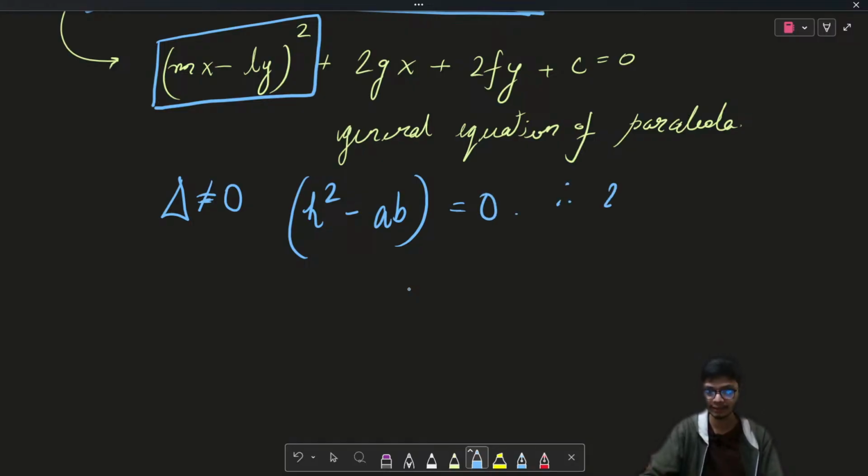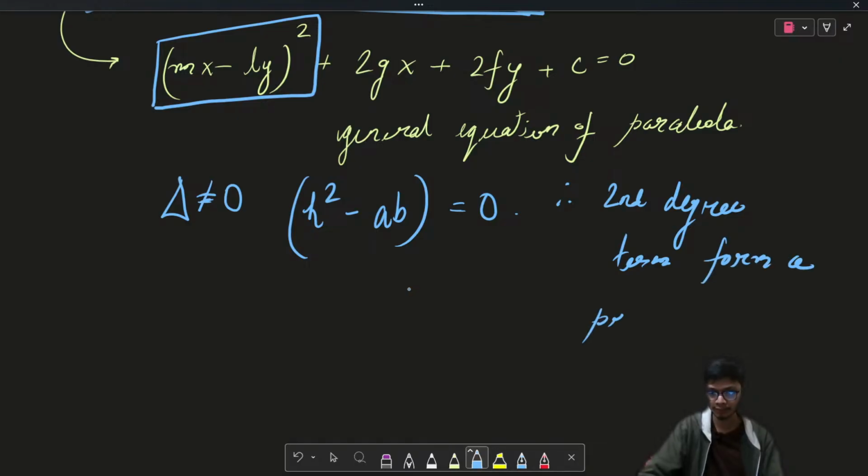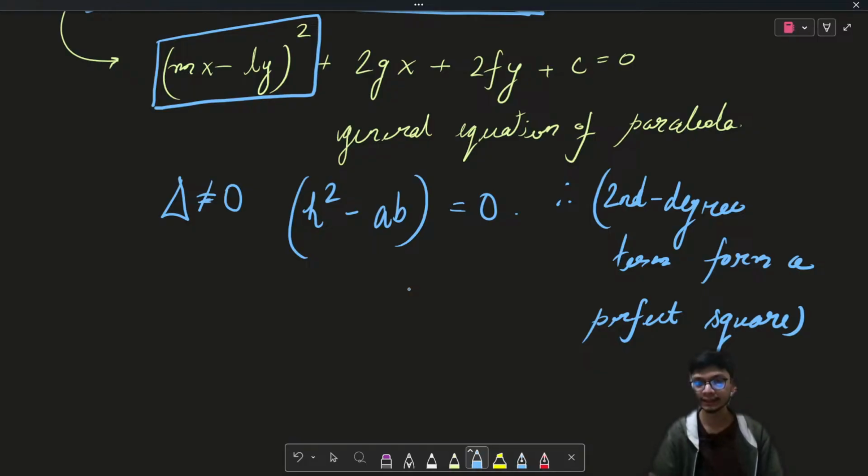That basically means the second degree terms form a perfect square. So this is a basic understanding that we have from here. The second degree terms will form a perfect square, therefore h square minus ab has to be 0.